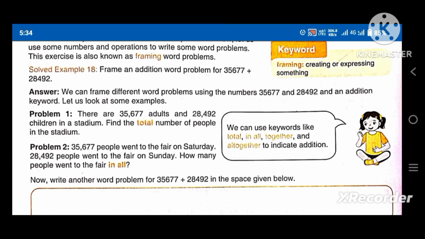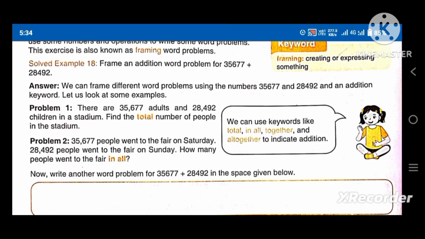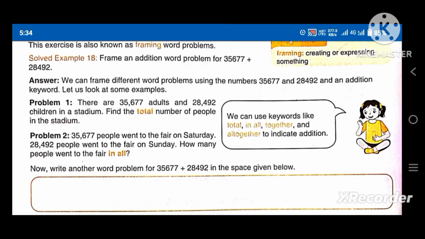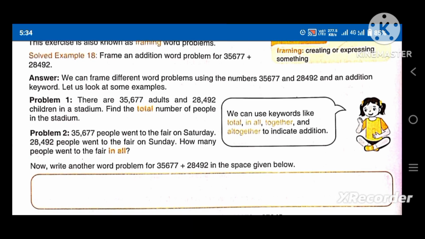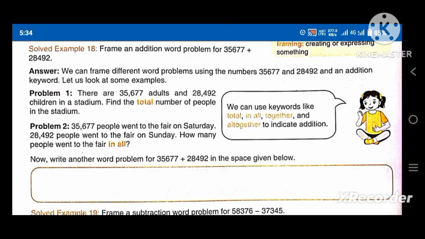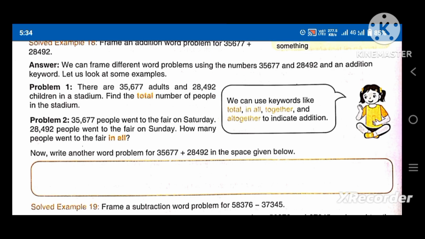Let us look at some examples. Problem 1. There are 35,677 adults and 28,492 children in a stadium. Find the total number of people in the stadium.